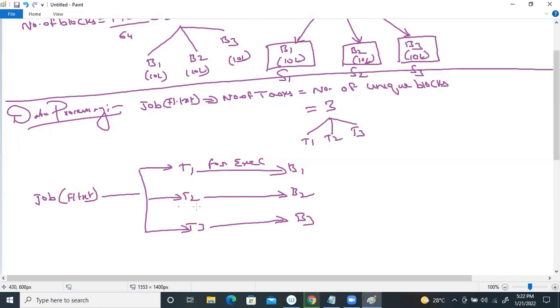T1 for executing B1, T2 for executing B2, T3 for executing B3 block, right? If there are 10 blocks, then the tasks will be 10.